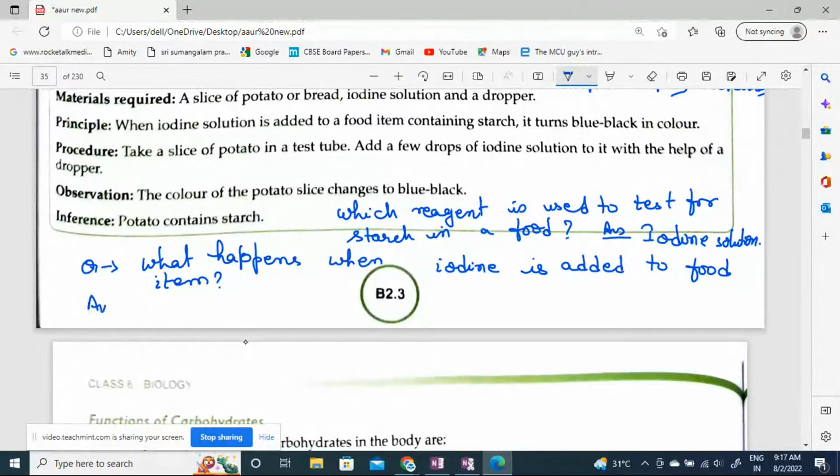If starch is present, it turns into blue black color.